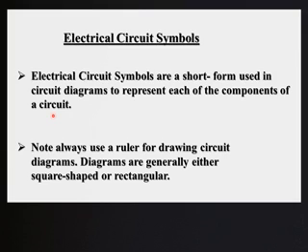And a second important point: while drawing the circuit diagram, always use a ruler. Diagrams are generally either square or rectangular, so we must use a ruler to draw straight lines.